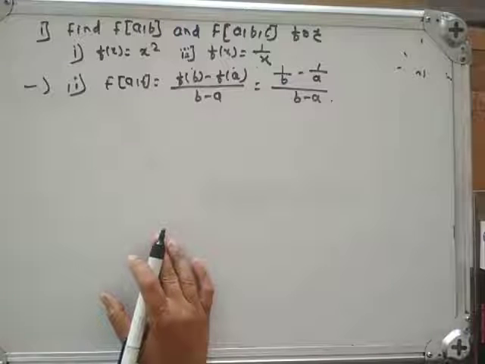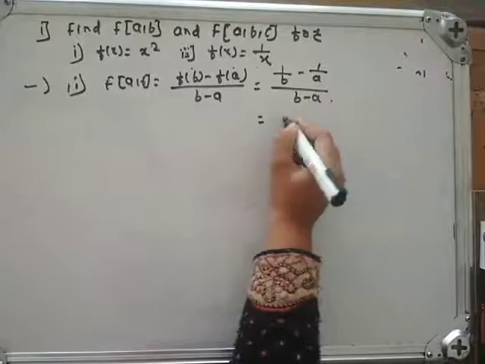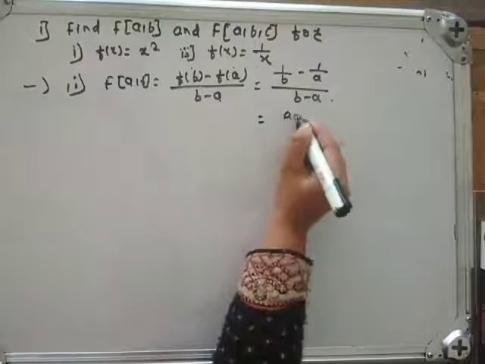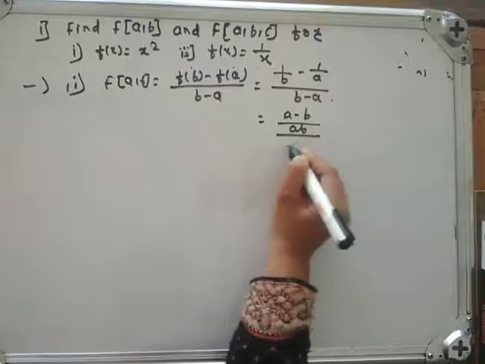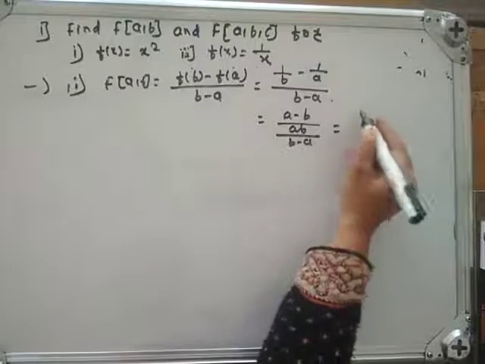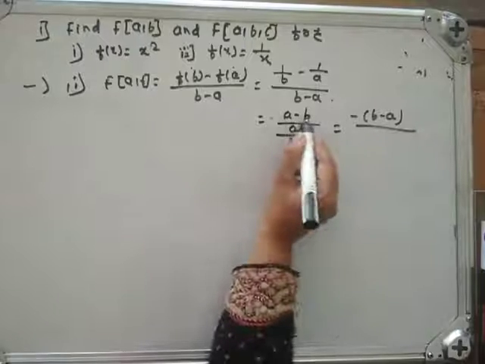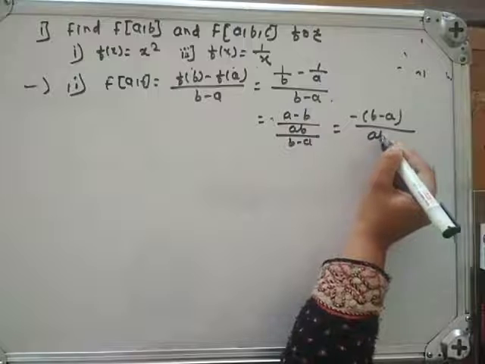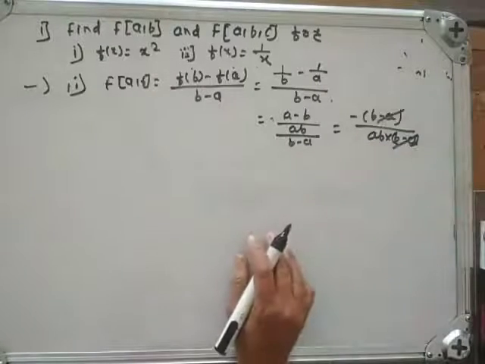Okay. So simplify this. You will get A minus B upon A into B, upon B minus A, which equals minus B minus A upon, taking the minus sign common, AB into B minus A. B minus A gets cancelled.